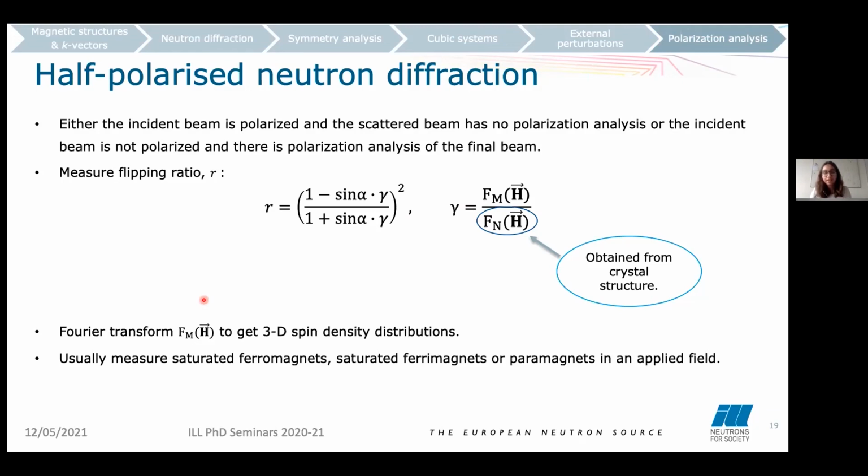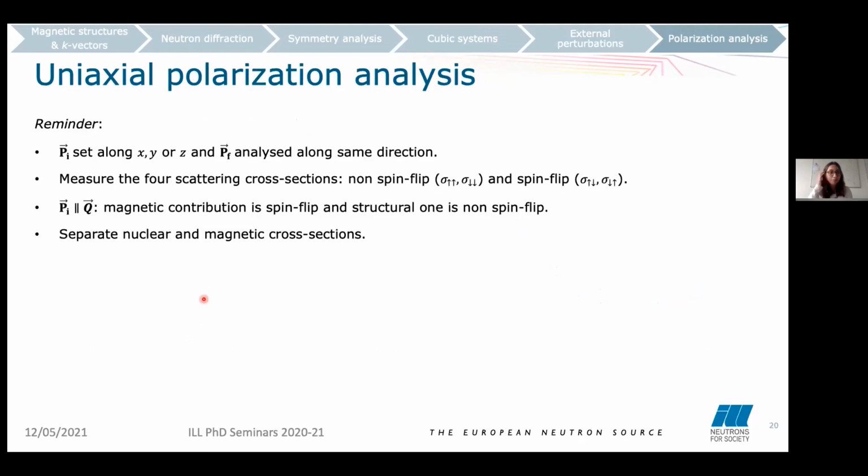And finally, the last polarization technique is uniaxial polarization analysis. This has been presented before, but just a little reminder that the initial polarization is set along an axis, and the final polarization is analyzed along this same direction.